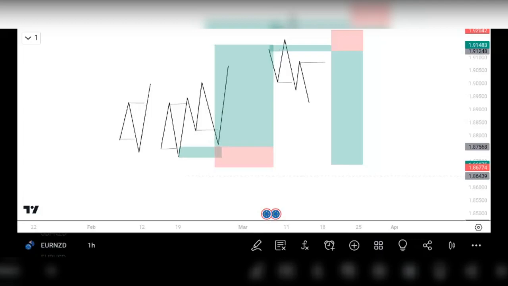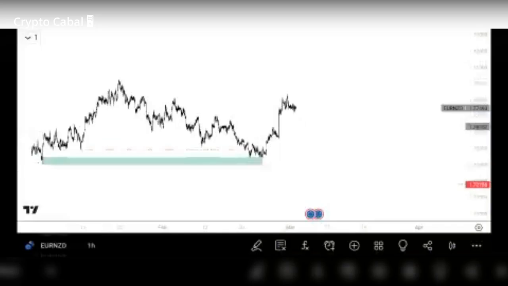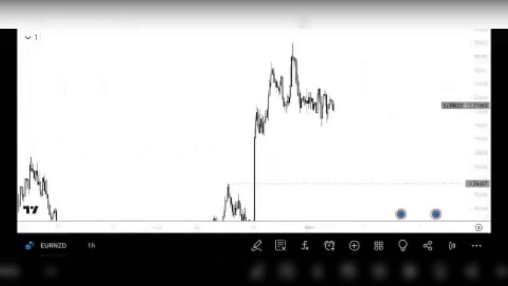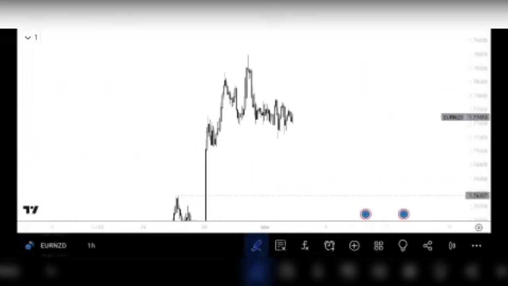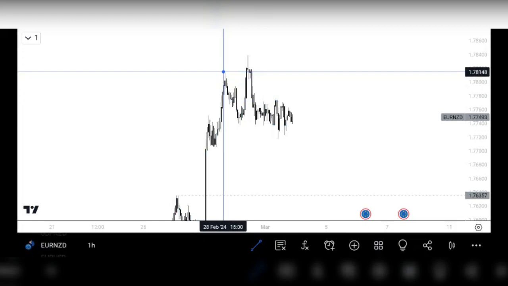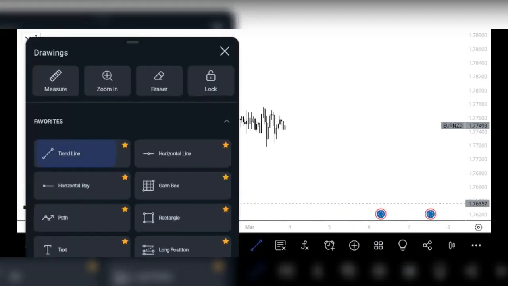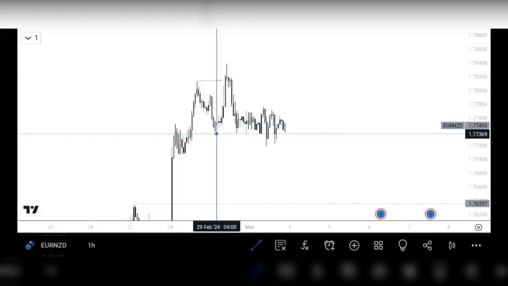So quickly, let's take a look at some chart examples and see what the SBI entails. So at this point, you can see that we have price pushing. Look at this. We have a sweep at this point. We have a break because this is a structural point. We have a break of structure.